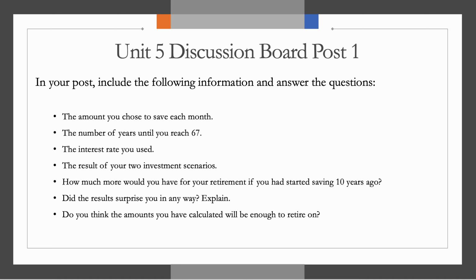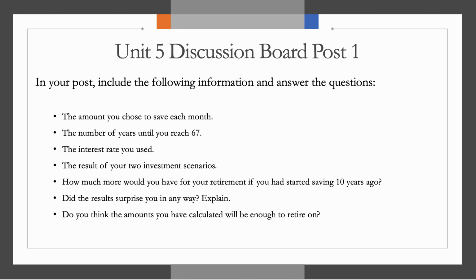So you're going to let us know how much did you choose to save each month, how many years until you're 67, what interest rate did you use, and what did you find for both situations. The first one being if you started saving right now, the second one being if you started saving 10 years ago. So really, you're just giving us the background information in the first part for the calculation you did.